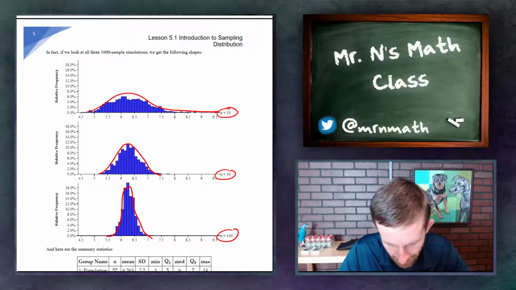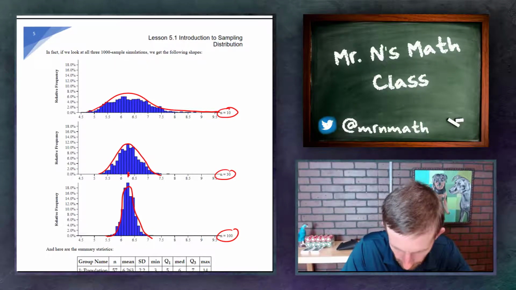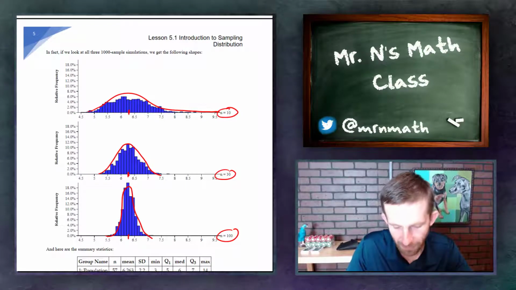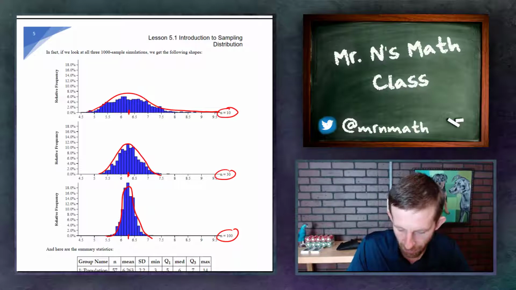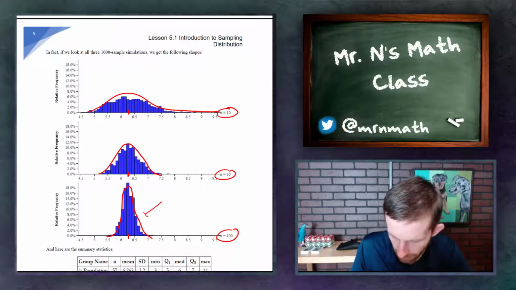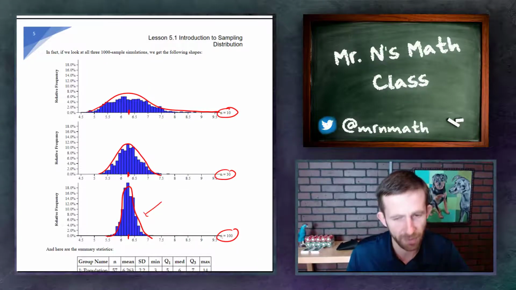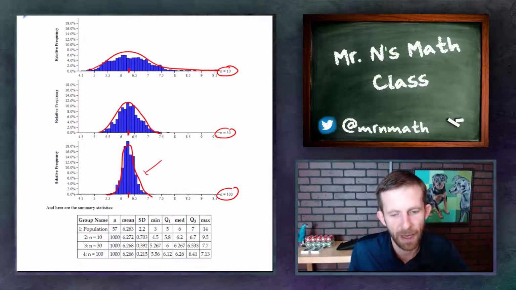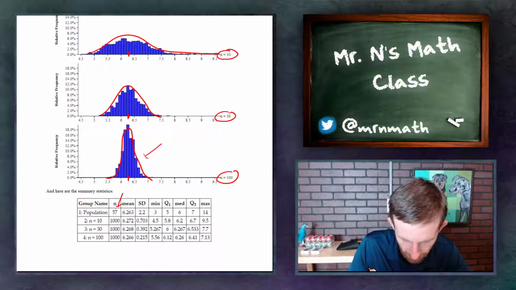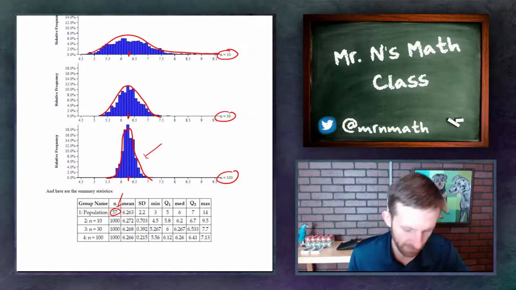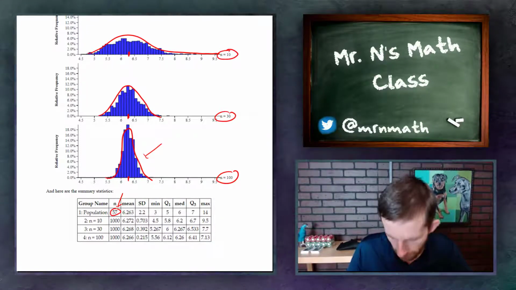Notice all of them are centered right around 6.2, but the standard deviations keep going down in value. The standard deviation of the last one, samples of size 100, is the smallest in value. In fact, here is my population. My population size was 57, but just imagine that to be huge.